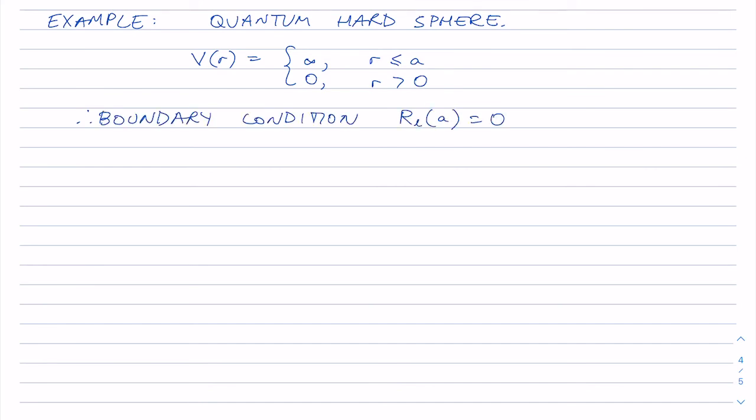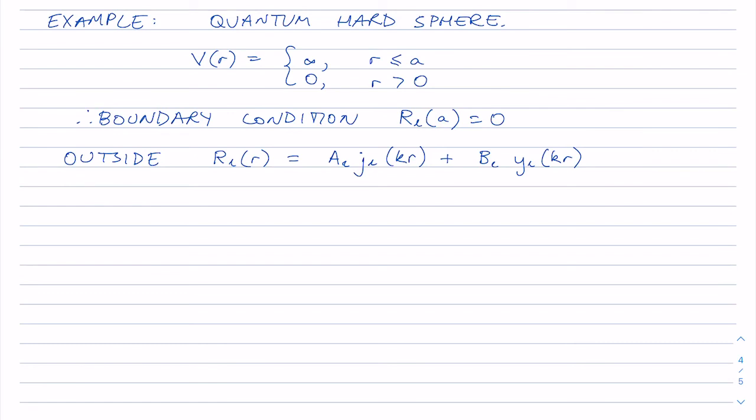Now outside, we have to have the most general form for an outgoing spherical wave. We'll write it as the sum of a Bessel function of the first kind and a Bessel function of the second kind, which is YL of kr.